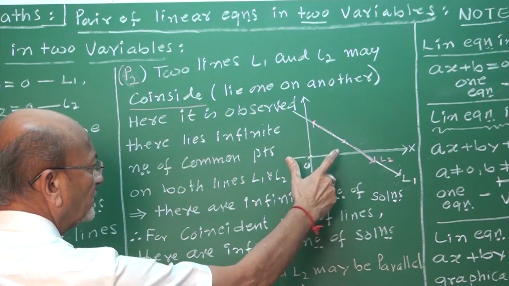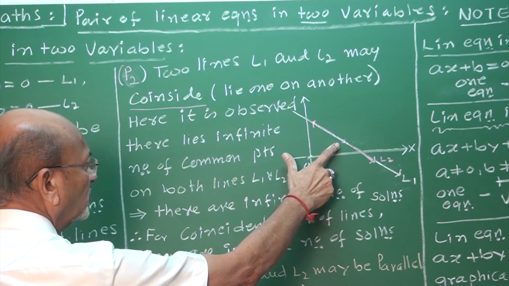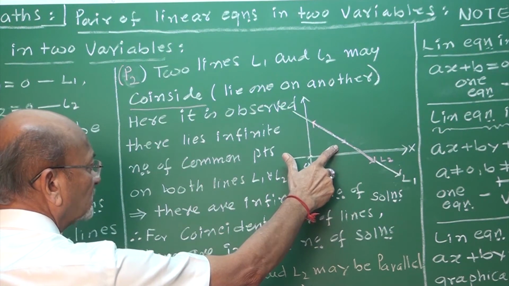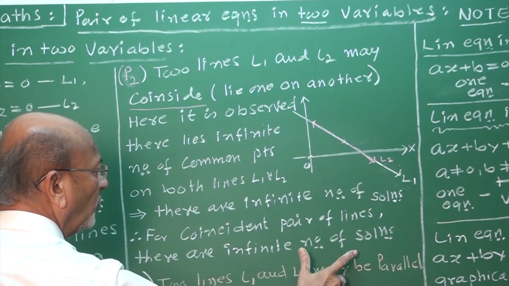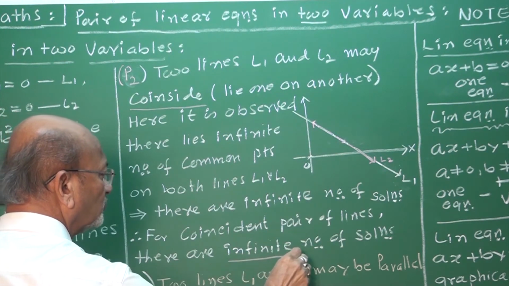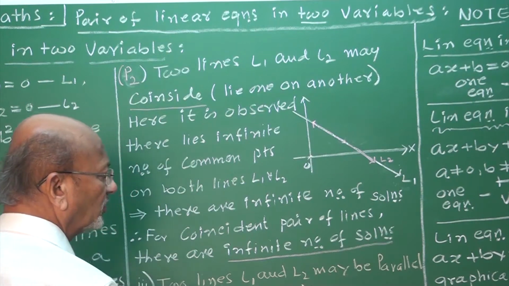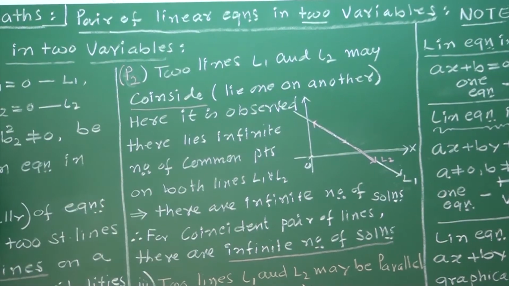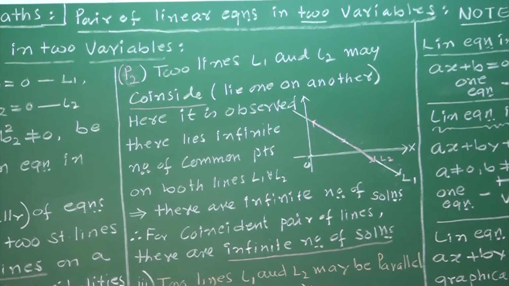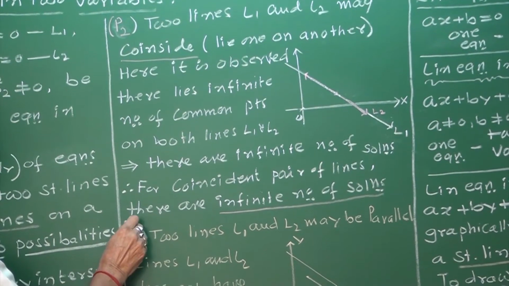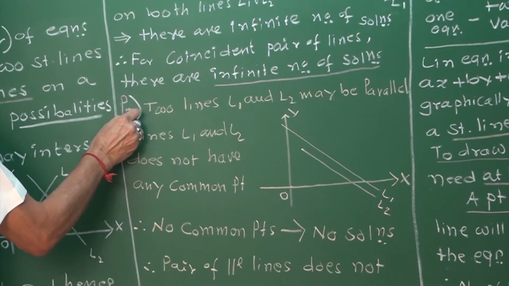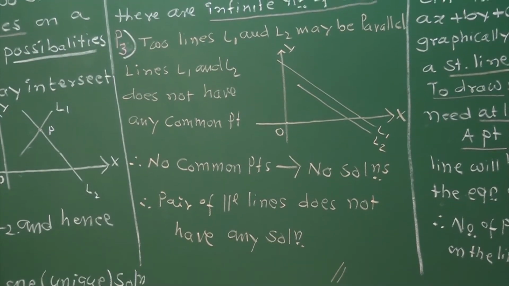Therefore, coincident type of lines have an infinite number of solutions. Remember, my friends, it is the second case, second possibility. My friends, this is the third possibility. I take it as P3.